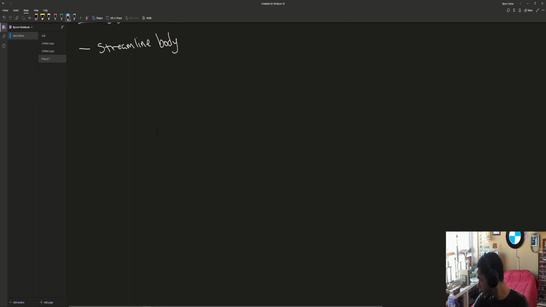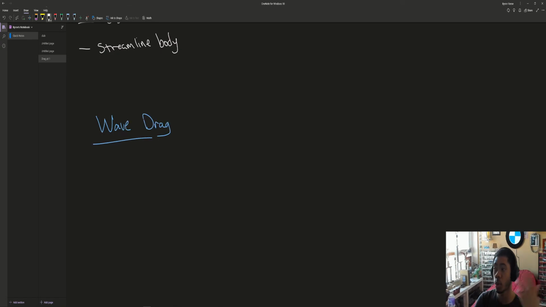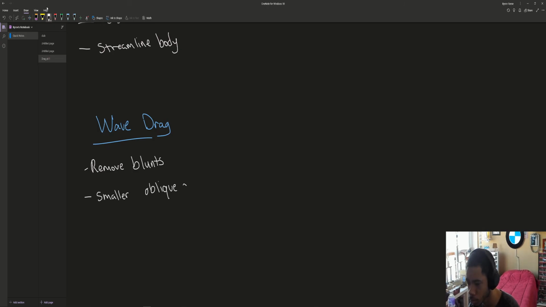Alright, we're going to move on now to wave drag. That's how we do a wave drag. Okay. Remove blunts. Smaller oblique angles. The more an oblique angle happens, the harder your pressure.